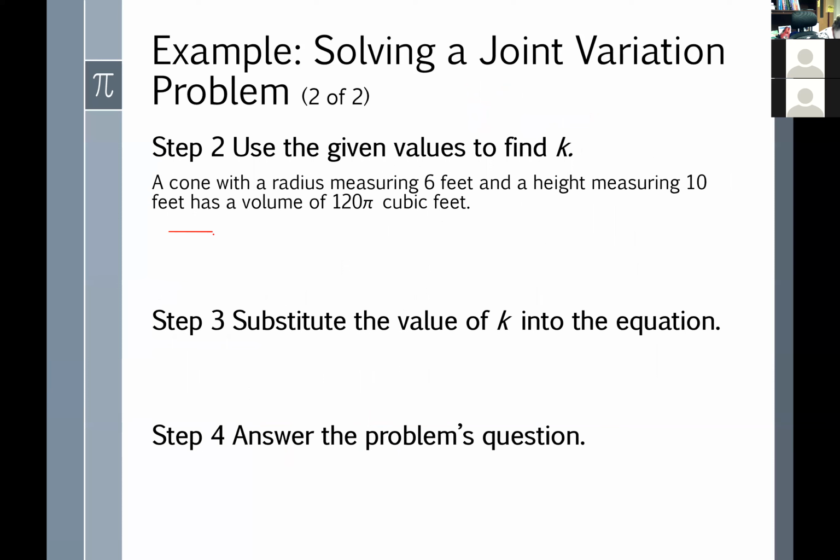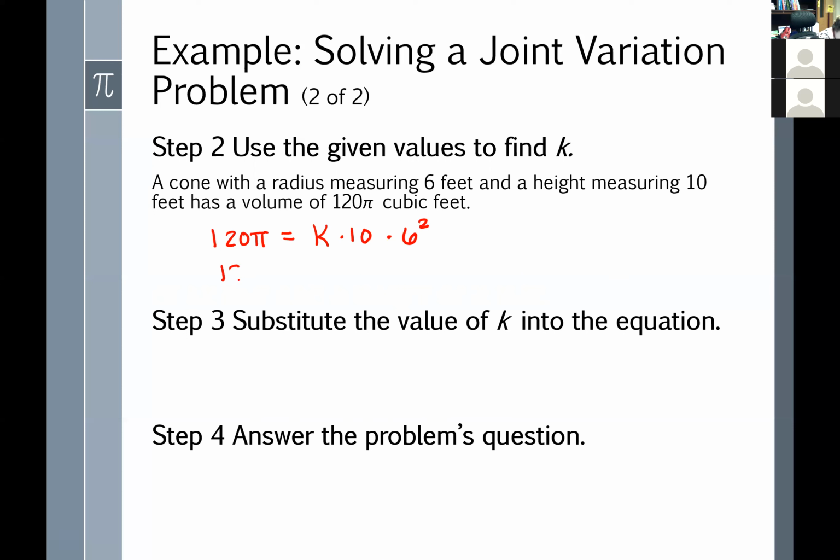So I have 120 pi equals K times the height, which is 10, and the radius, which is 6 squared. So 120 pi equals K times 10 times 6 squared.